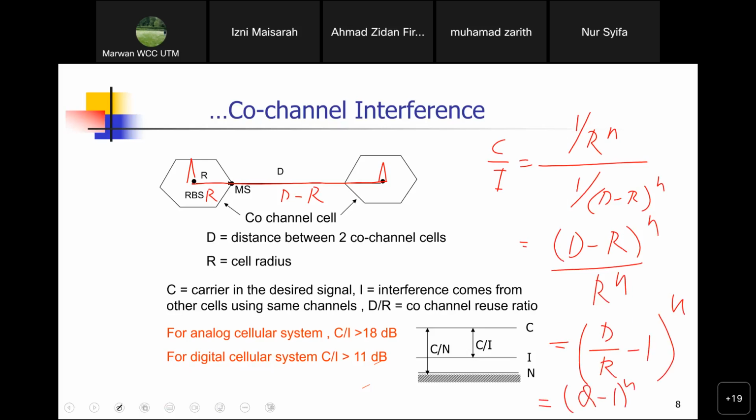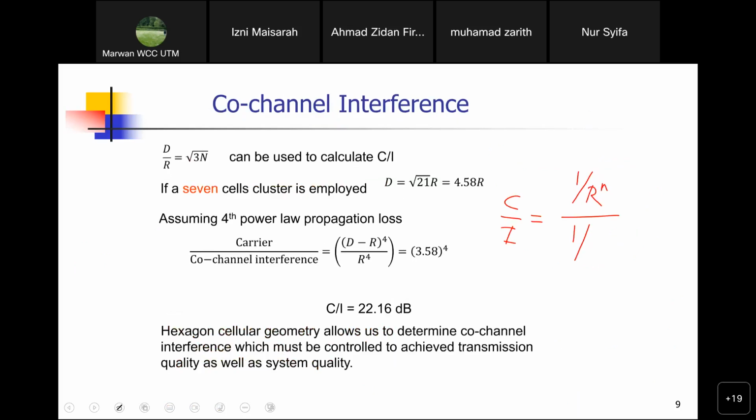The reuse factor Q is given by, and is also related to, the cluster: Q equals square root of 3N. So if we assume we use cluster 7, meaning 3 times 7, which is 21, you get 4.58.